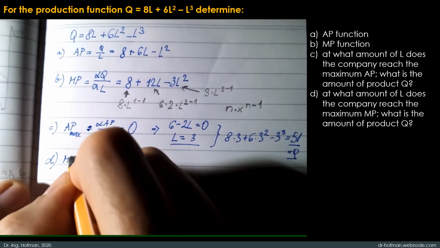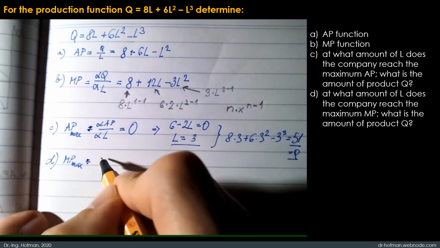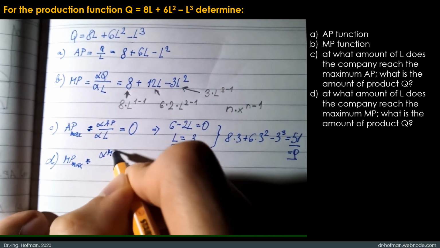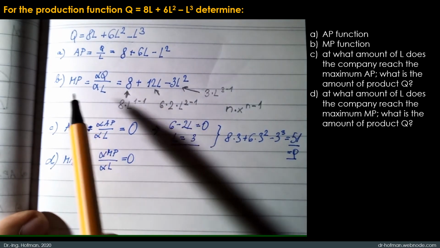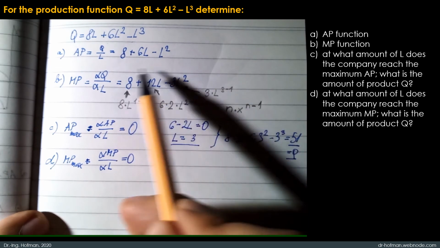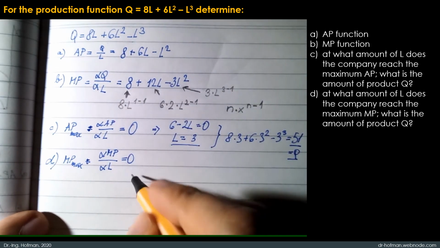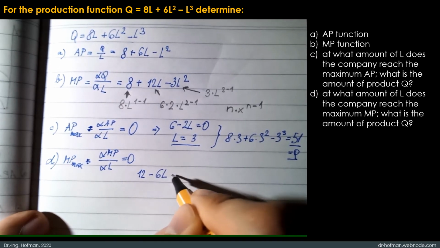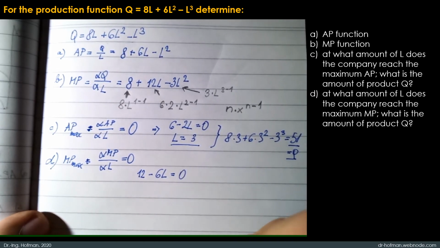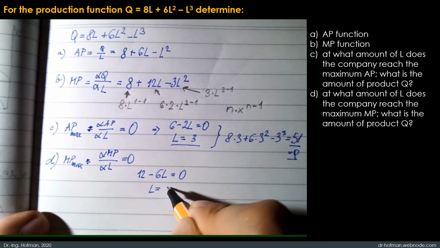And in the D point, we are asked to calculate the amount of labor where the company reaches the maximum MP, marginal product, and also again what is the amount of product Q. For MP maximum, we are searching for where the derivative of MP according to L is 0, so 12 minus 6L is 0.